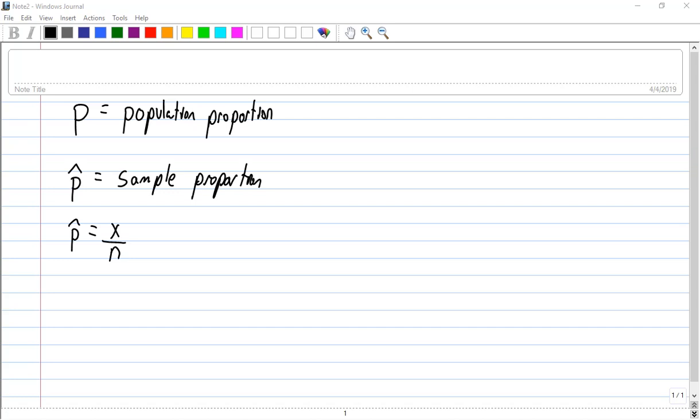Now, one thing that we went over in the last section also was the central limit theorem. What the central limit theorem does is it allows us to figure out probabilities about groups of data.